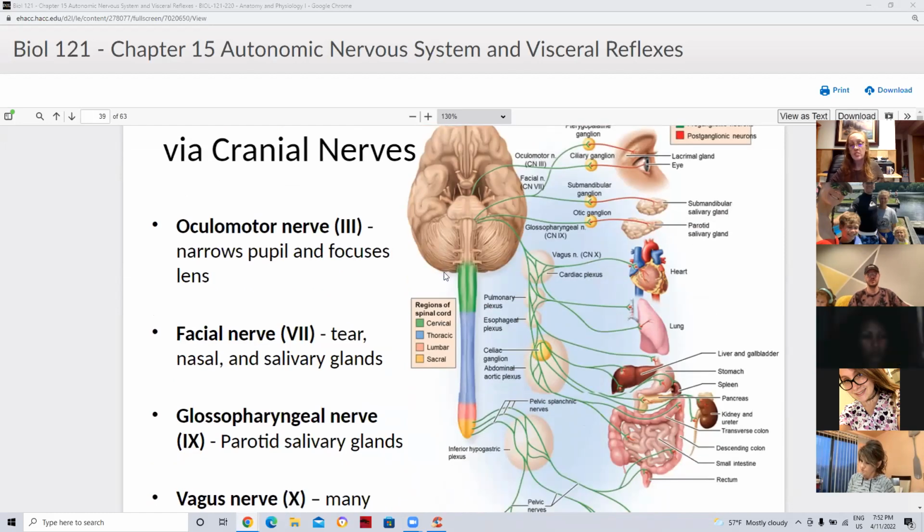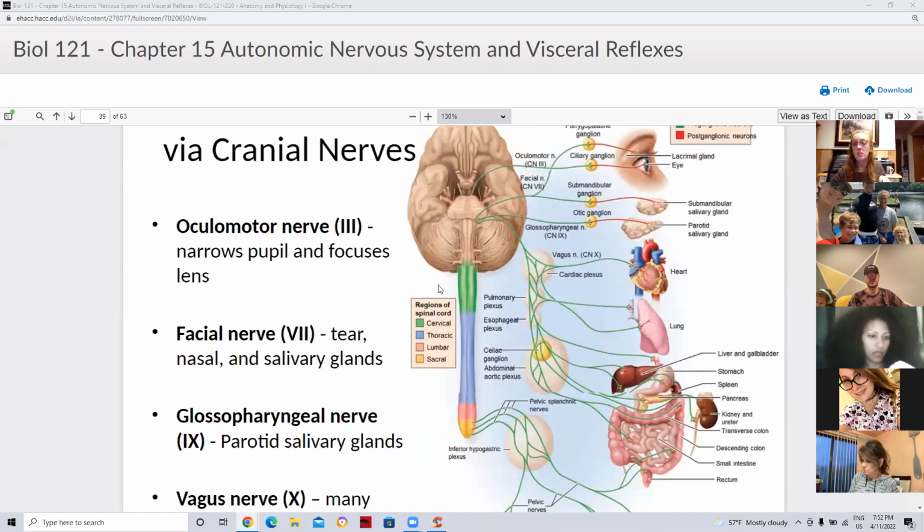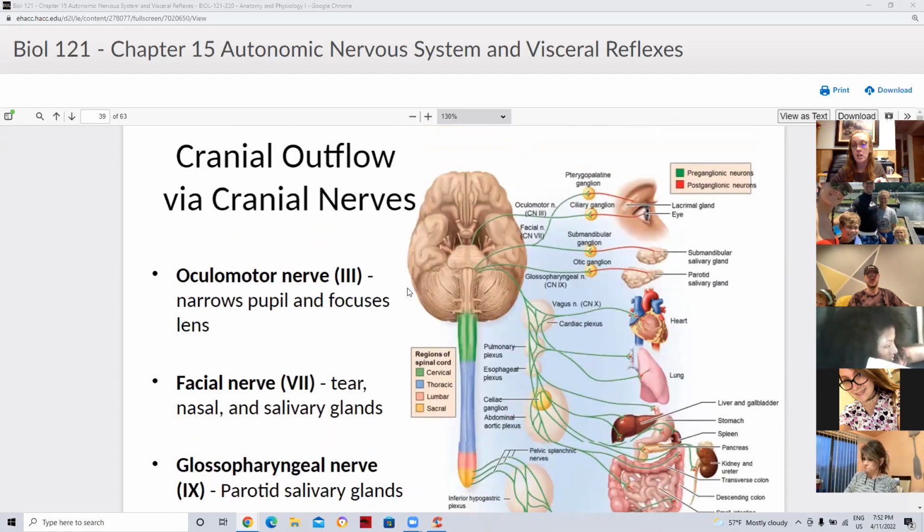Four major nerves, and I think this is also one of your answers on your case study for the cranial nerves, are working specifically with parasympathetic innervation. The oculomotor nerve works to narrow the pupil and focus the lens.